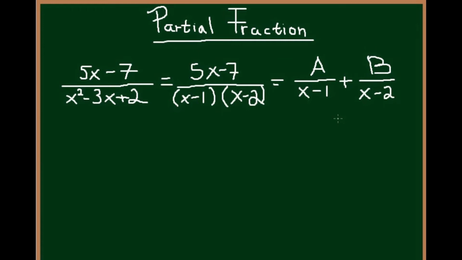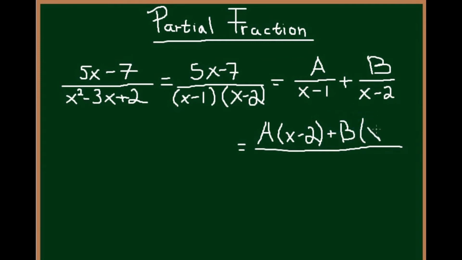And then we have to evaluate these fractions. And we got a times x minus 2 plus b times x minus 1, and then we write down the denominator, x squared minus 3x plus 2.